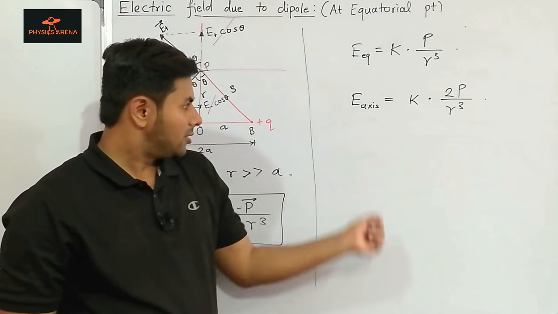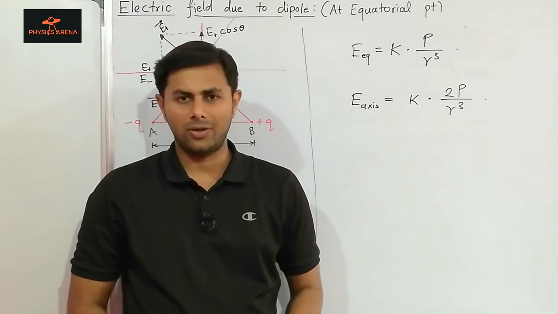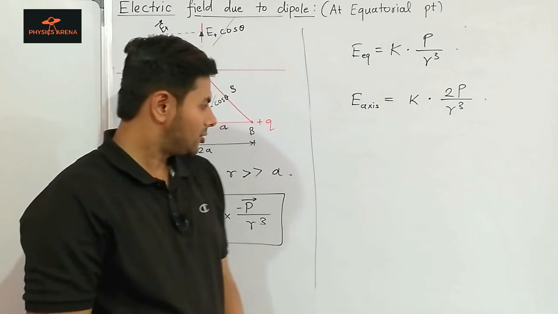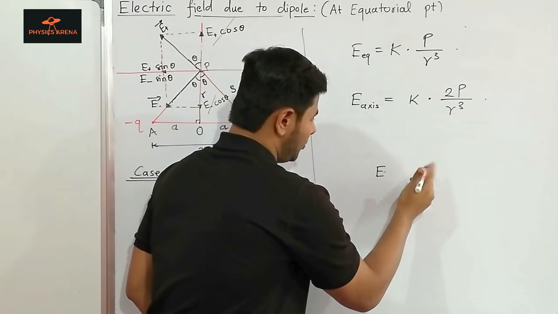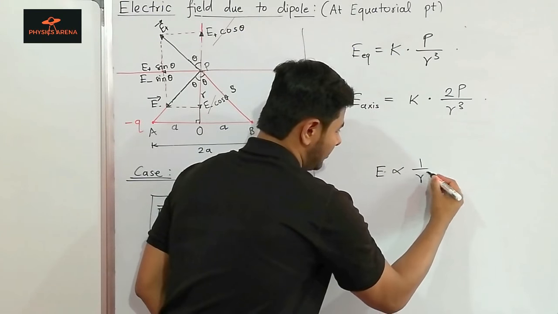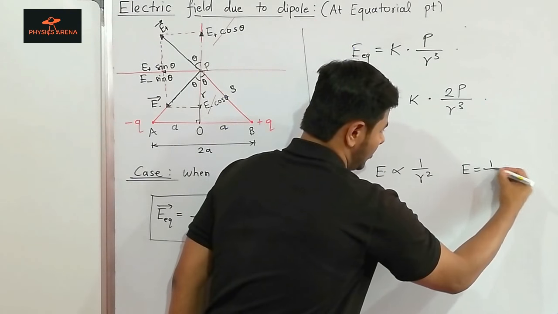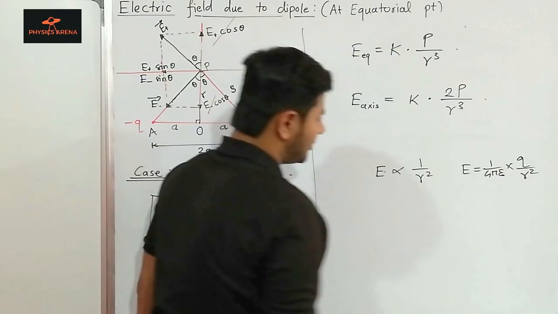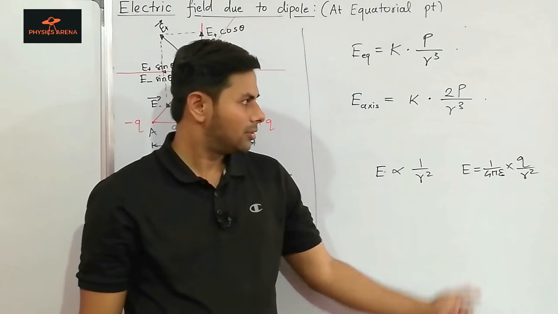Then let's compare this electric field with the electric field of a point charge, a single charge. So the electric field of a single charge is proportional to 1 over r squared. We know the formula. It is 1 over 4 pi epsilon naught multiplied by q over r squared. So it is inversely proportional to r squared.